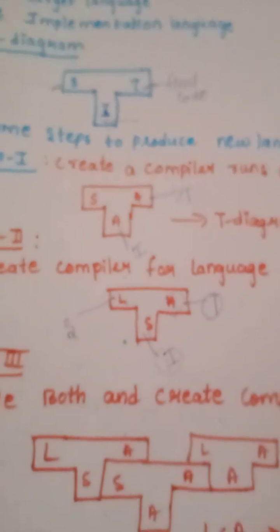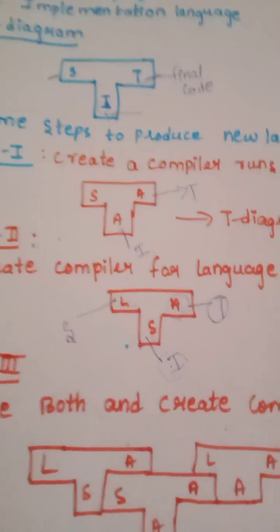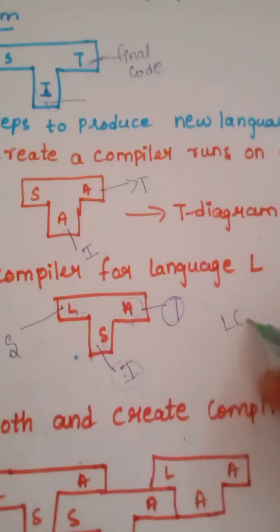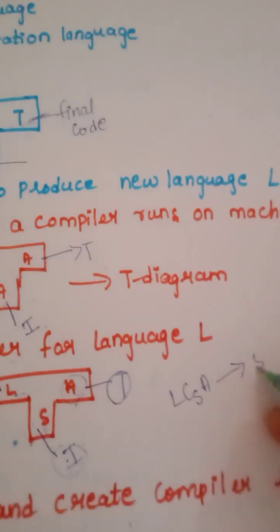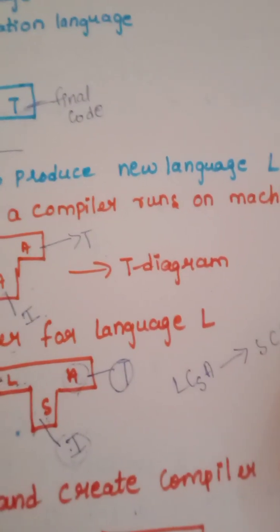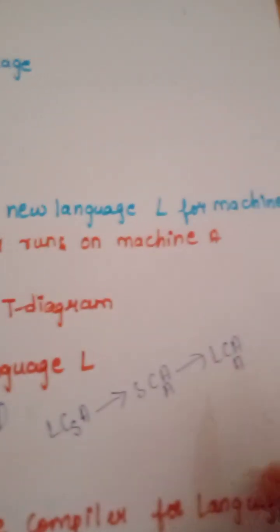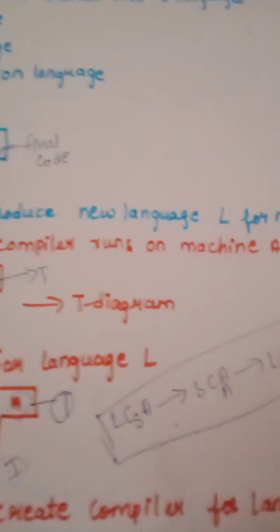When you combine both, you get one equation here. So what is the equation? L C_S A denotes S C_A A denotes L C_A A. This is the final equation which we get. So what does it mean?